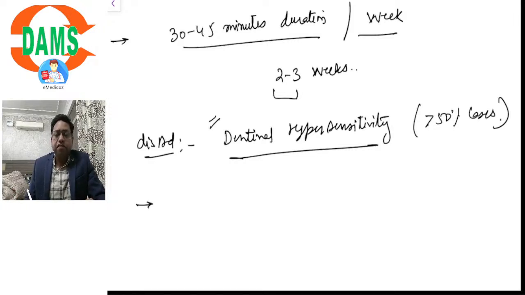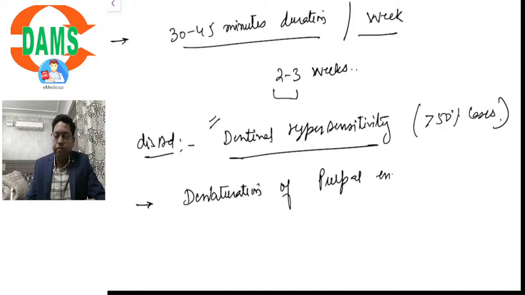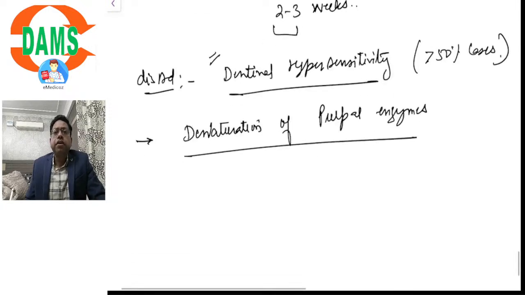Other disadvantages include denaturation of pulpal enzymes. We know that we are using hydrogen peroxide in a high concentration.